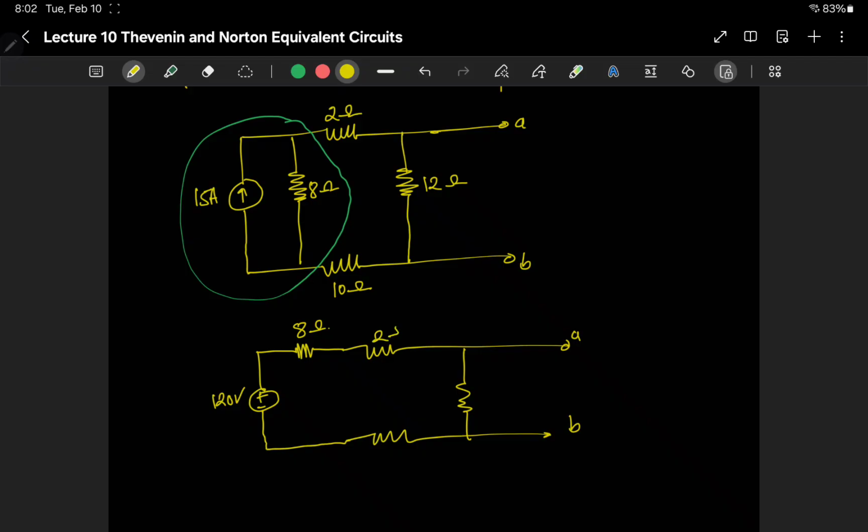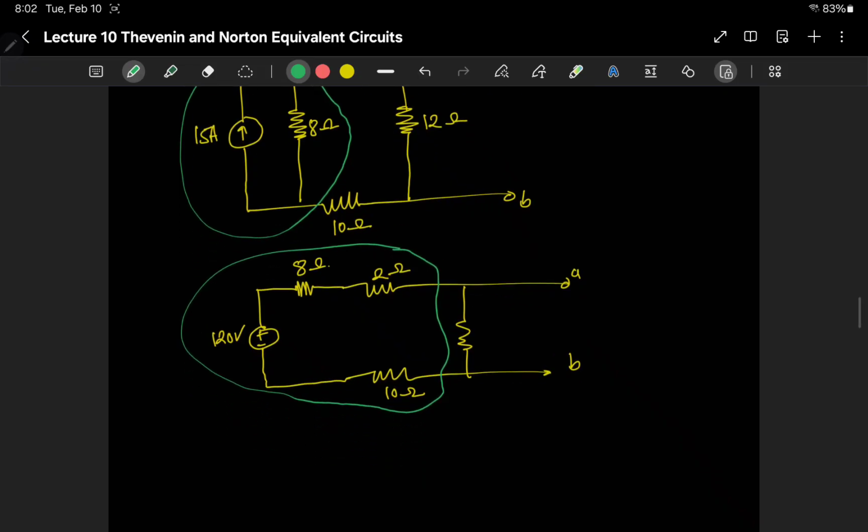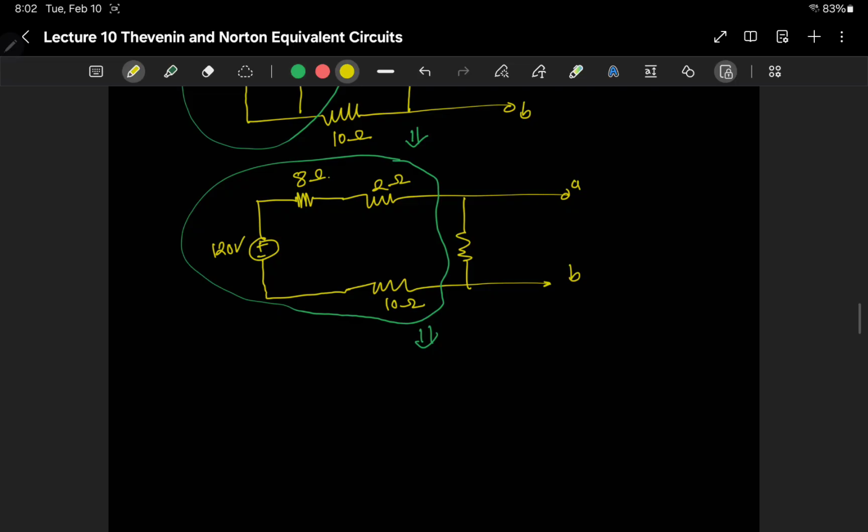Now we have elements in series, right? So these, now if we have voltage and resistors in series, we know from source transformation lecture that these can be added up together, right? So from these two we get this. Now from this we'll go down and convert this into a single voltage source, because we only have one voltage source, and we have 3 resistors which are in series.